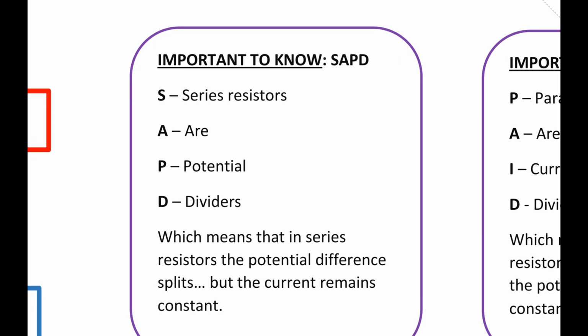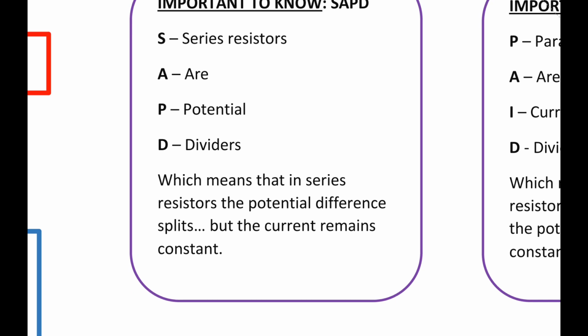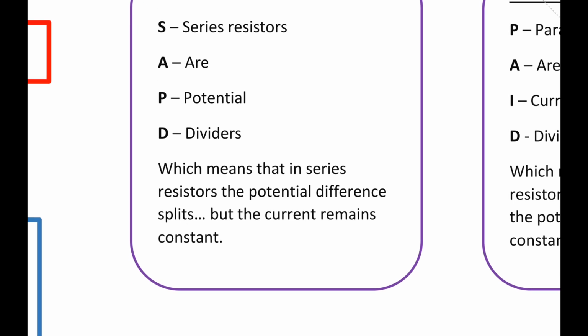SAPT. What does SAPT mean? Series resistors are potential dividers. Wow, this is nice, the way they summarized it. What does it mean? In series resistors, the potential difference splits, but the current remains constant.